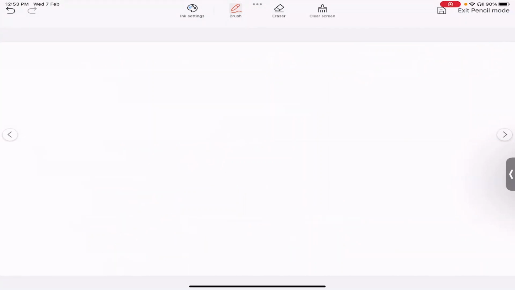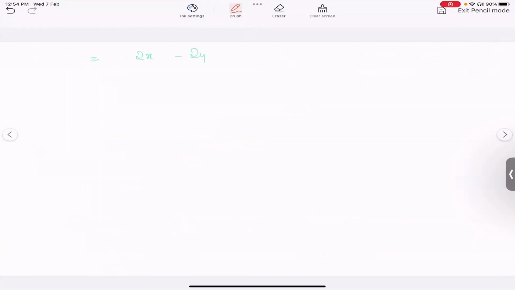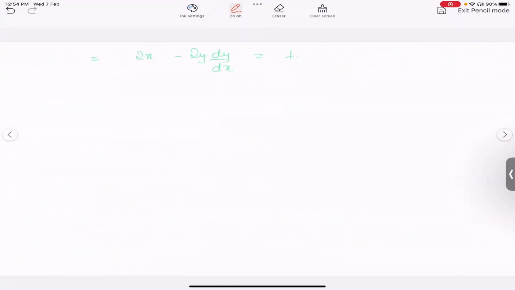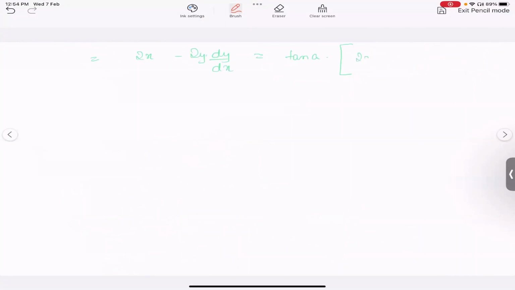So this will become 2x minus 2y times dy by dx using chain rule, and tan a times 2x plus 2y times dy by dx. This is what we have. Now again we will do the similar thing.